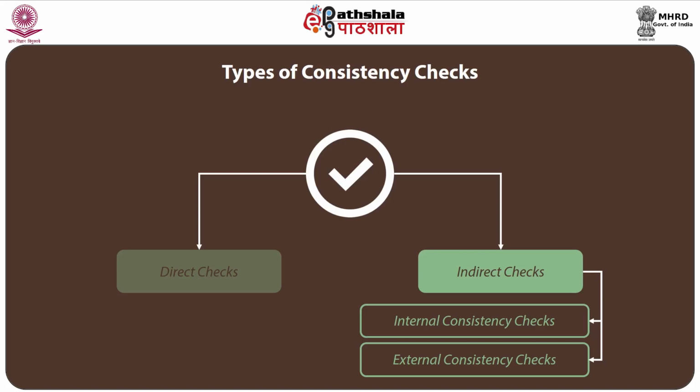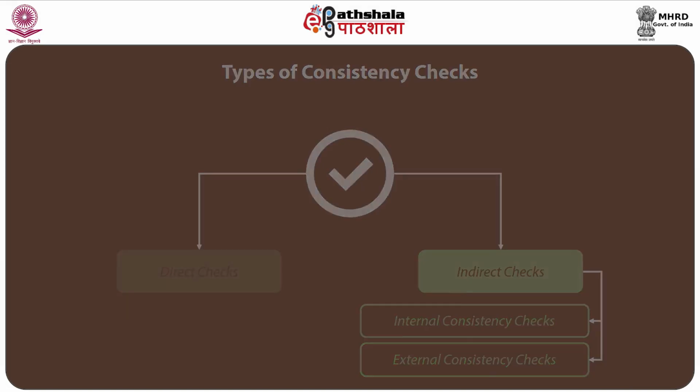Internal consistency checks refer to the assessment of the relationship of age-sex data within the same census, whereas external consistency check employs comparison of census or survey age-sex data with the age-sex information available from some past sources or from other data sources.